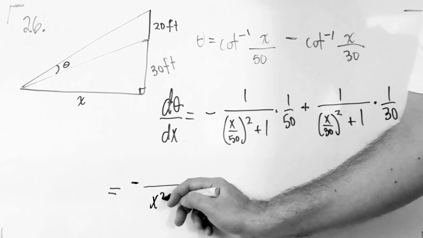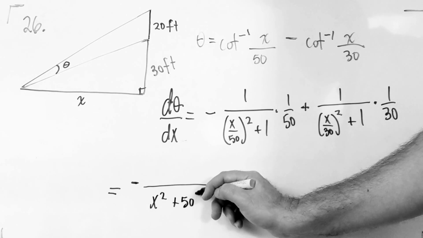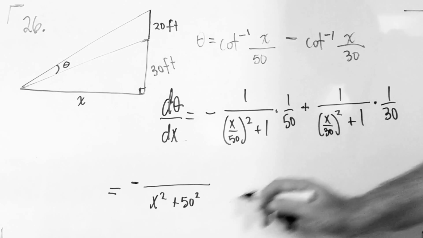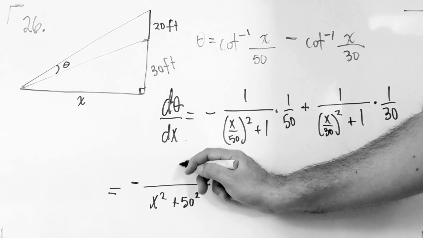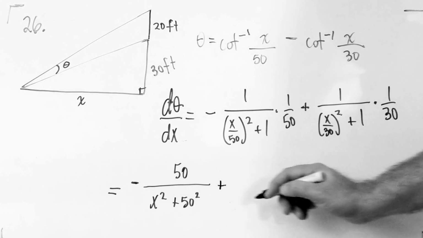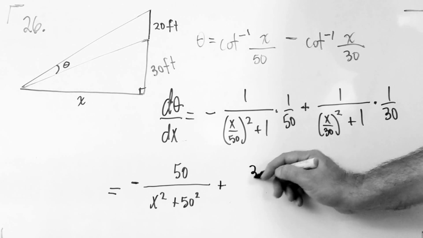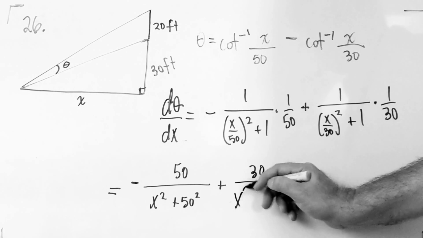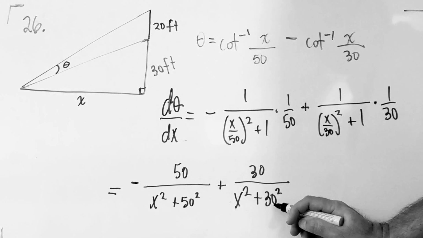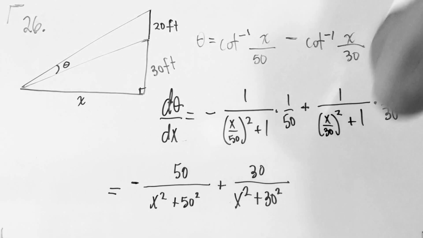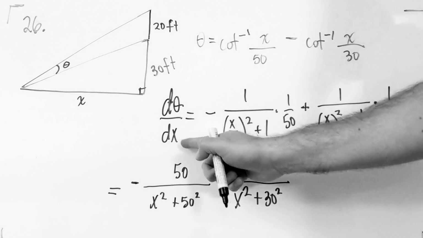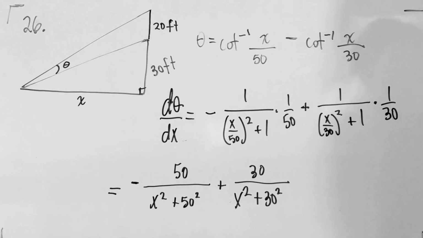It would be x squared plus 50 squared divided by 50 squared, but times the 50, that cancels, and instead of 1 over, it's the reciprocal, that's 50 over here. And this is plus, so it turns out to be 30 over x squared plus 30 squared. You can write 2,500 and you can write 900 here. Okay, and this is d theta dx. That's the answer to part B.